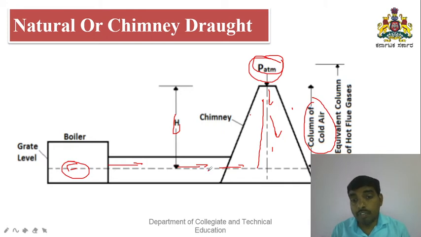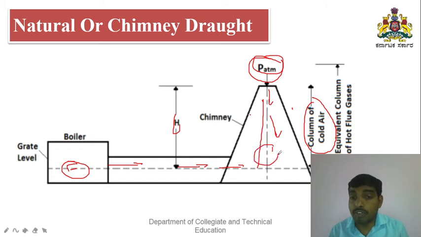When the flue gas flows into the chimney, the density of the air decreases. Why? Because cold air has a higher density. When the hot air flows in, it mixes with the cold air, and again the density becomes less.